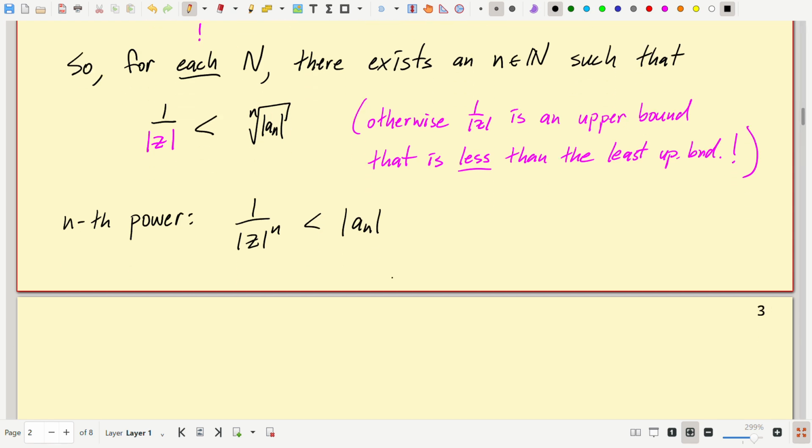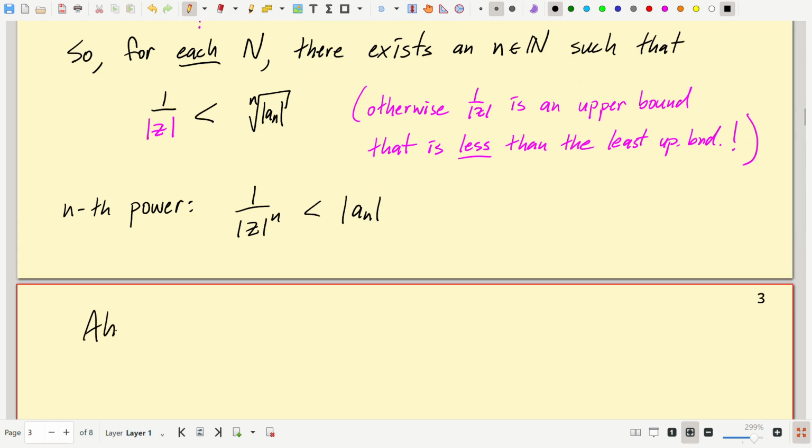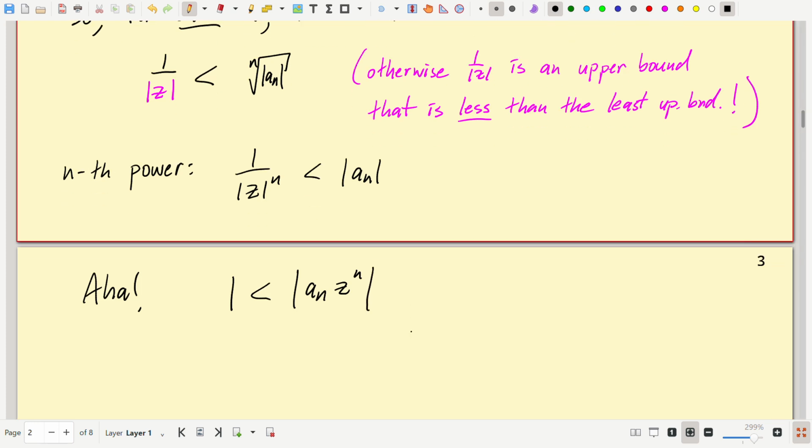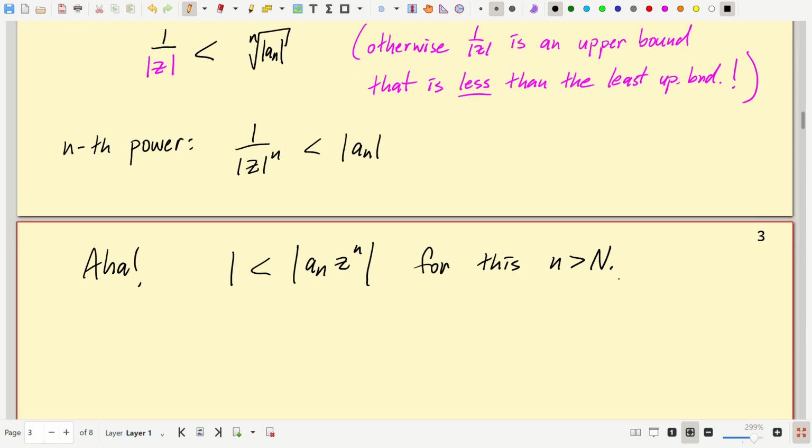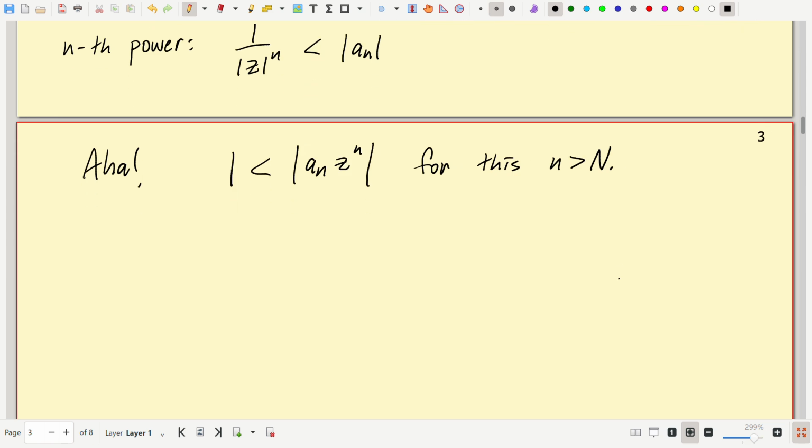And then the aha moment is I found an an such that 1 is less than an z to the n, for that n, which was bigger than my capital N. So for every capital N, I can find you a little n that does that. That means the terms can't possibly go to 0.